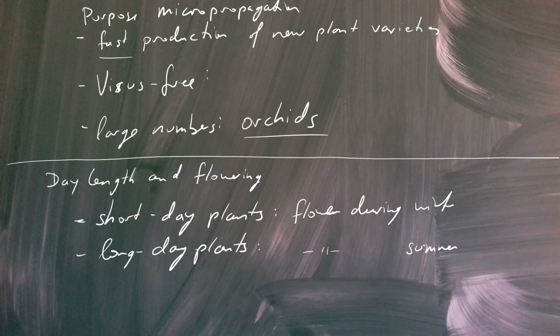And what they found out is that there's a certain critical length. What is the important thing here is not the overall length of darkness, but you're not allowed to interrupt the darkness.